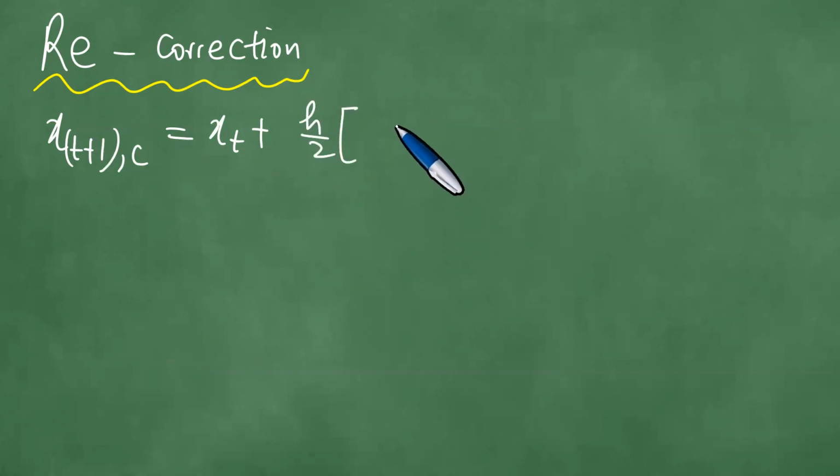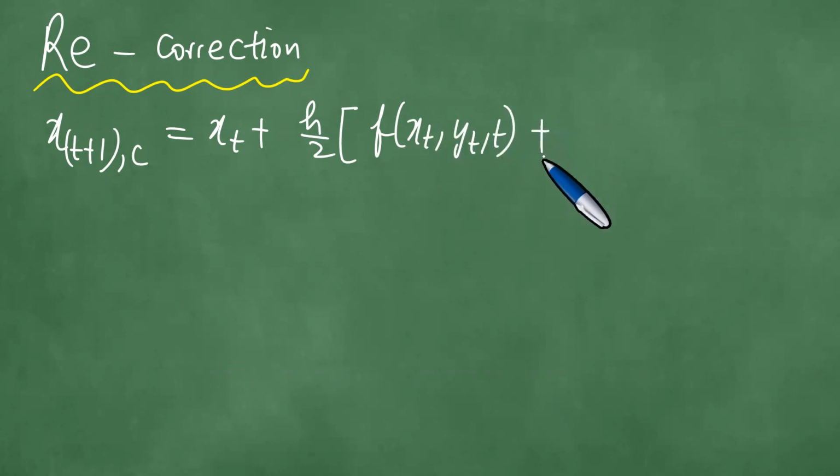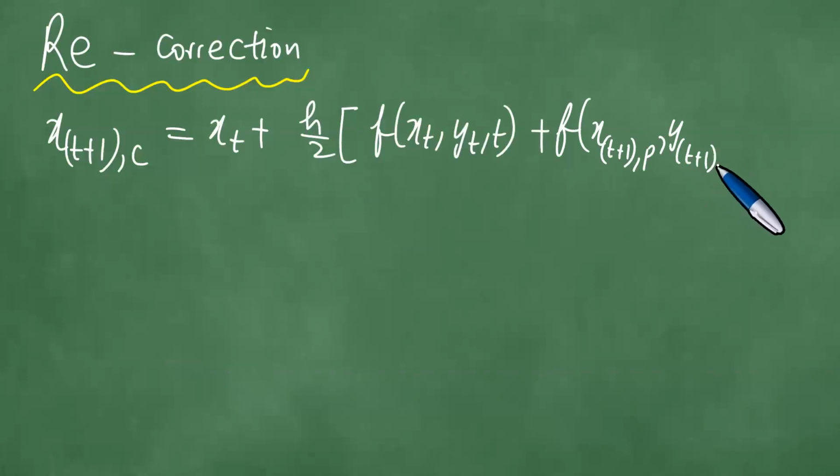Okay, can call delta t or h here. xt, yt, plus f of x t+1 predictor, y t+1 predictor, and then t+1. And you close like this.